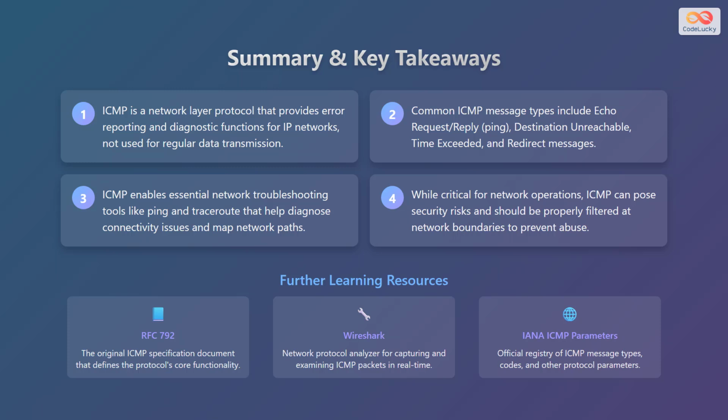Common ICMP message types include echo request and reply, destination unreachable, time exceeded, and redirect messages, each serving specific diagnostic or error reporting roles. ICMP enables essential network troubleshooting tools like ping and traceroute, which help diagnose connectivity issues and map network paths. Lastly, while critical for network operations, ICMP can pose security risks and should be properly filtered at network boundaries to prevent abuse.